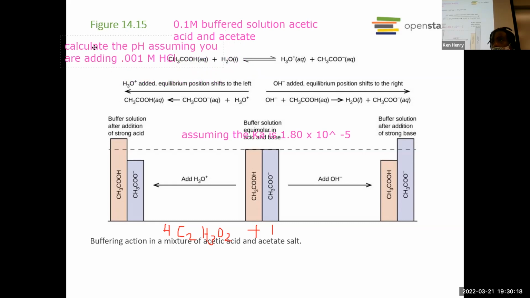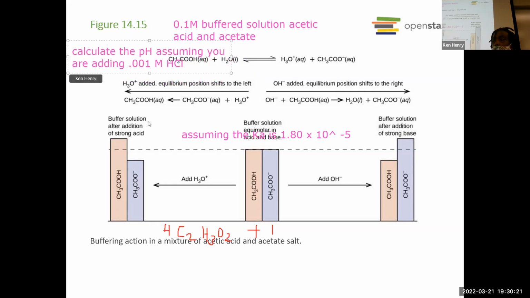Because what is the product of adding acetic acid to water? I get acetic acid plus H2O, and that's going to yield what? It's going to yield the hydronium ion and what? And acetate. Does that make sense? That's right.